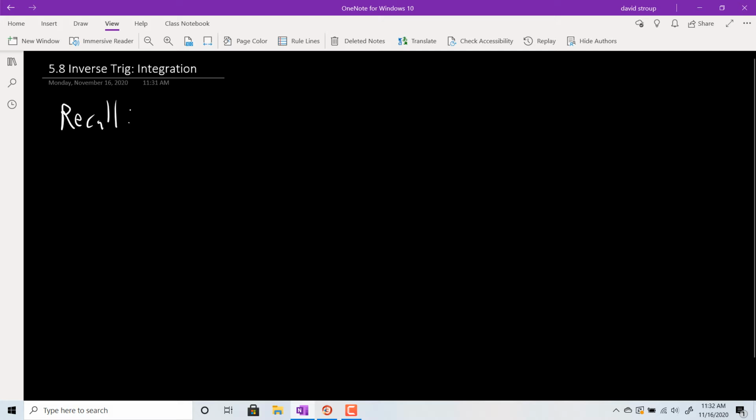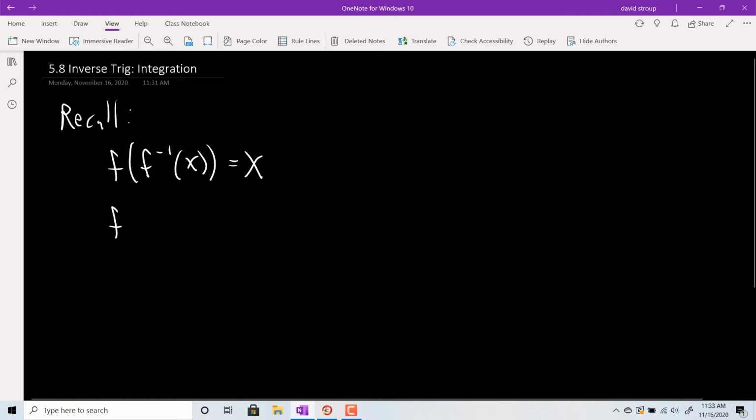So recall, basically, from the cancellation equations, we have that f of f inverse of x is always equal to x. Okay, and then we could take the derivative of both sides, implicitly in particular.